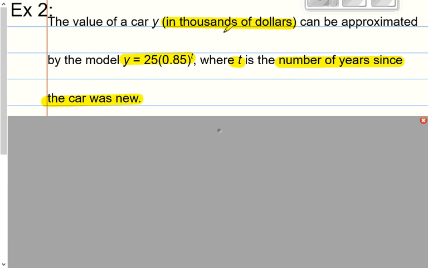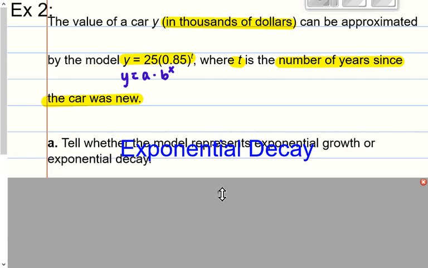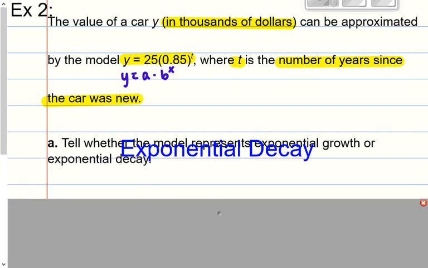So the Y is in thousands of dollars, and if we compare that to our parent function, Y equals A times B to the x, that 0.85 is our B value that we're looking at to see if it's going to be exponential growth or exponential decay.